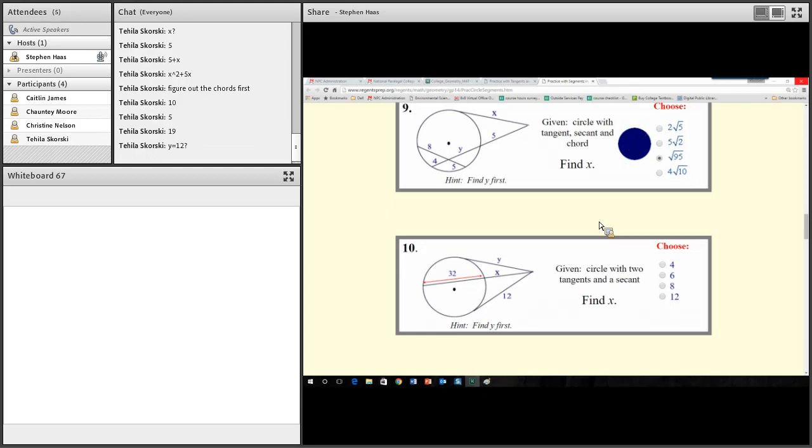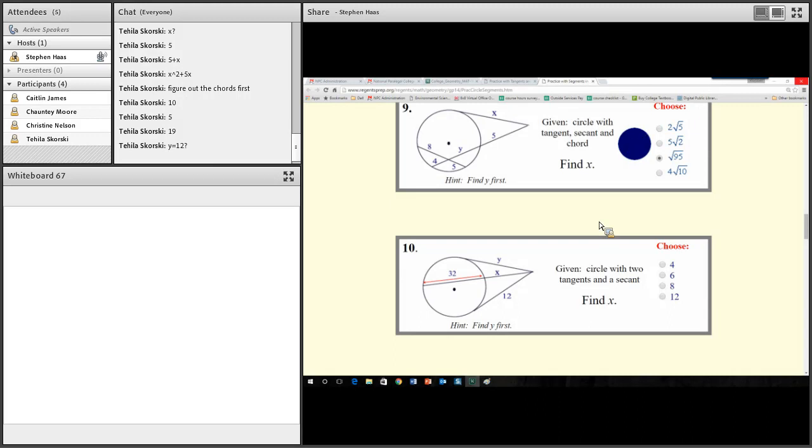I don't see why you even need y. I mean, y is obviously 12 because all tangents are the same, but I'm just trying to figure out why they even bothered to give you a line with y and give you a hint of find y first. I don't think that you need y.